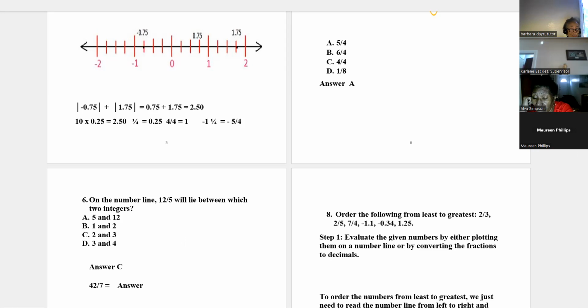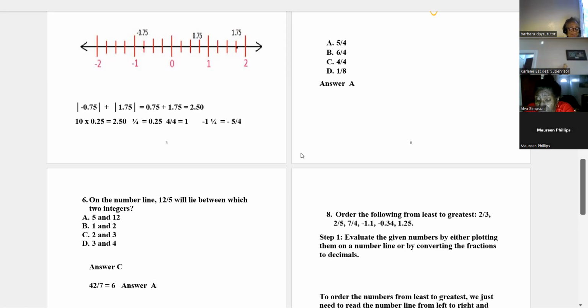No, what's 42 divided by 7? 7 into 42 goes 6 times. Okay, 6. Now 6 is between what two numbers here? 5 and 12, 1 and 2, 2 and 3, 3 and 4. Which one? I would say 5 and 12. That's it, because 6 comes between those two numbers. So your answer would be A.